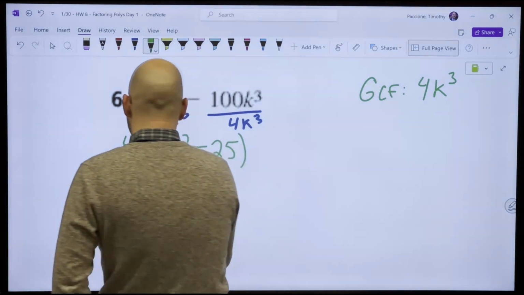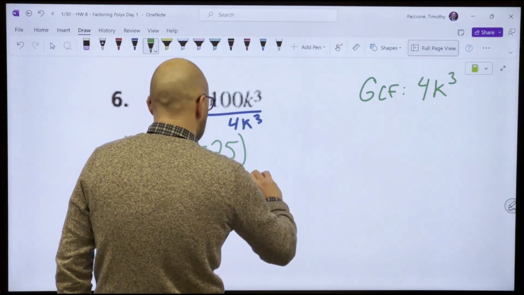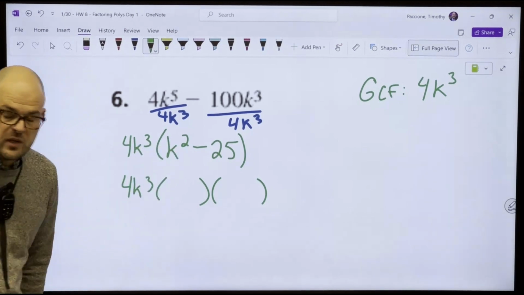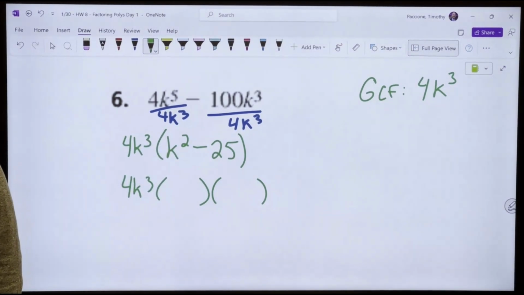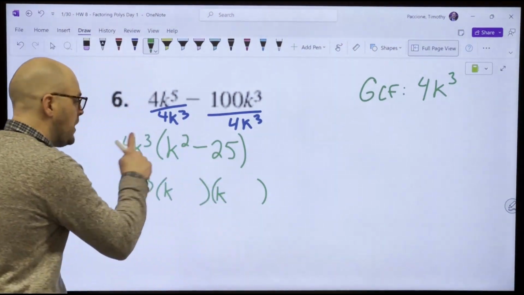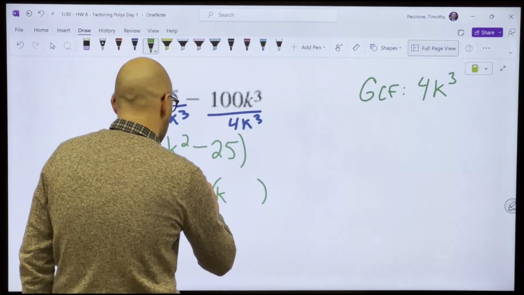What you do, 2 parentheses, and then you just square root both of the things. They're both perfect squares. So square root of k squared, meaning what times what is k squared? K. And you put that in both spots. What times itself is 25? 5. So you put that.